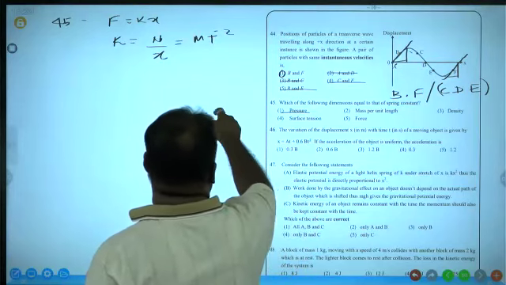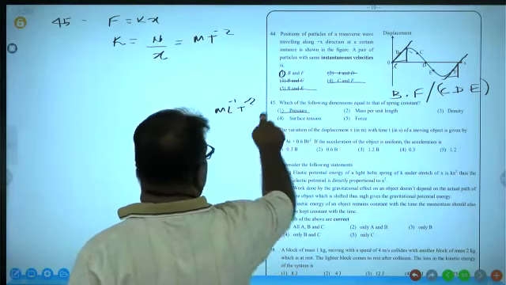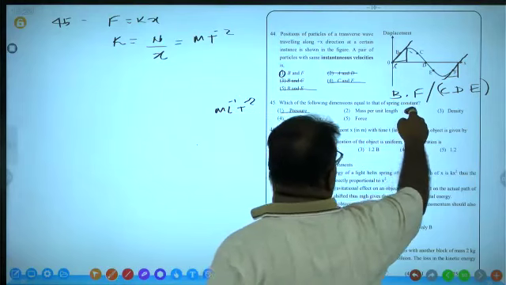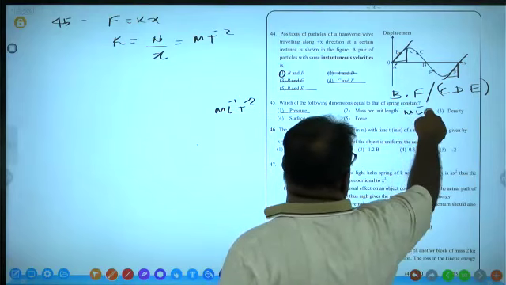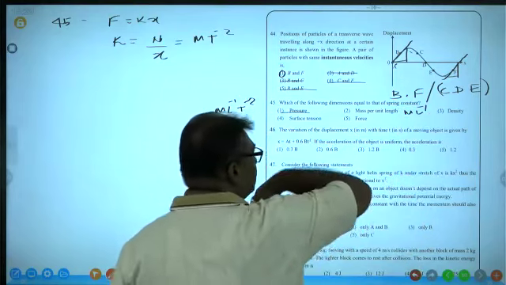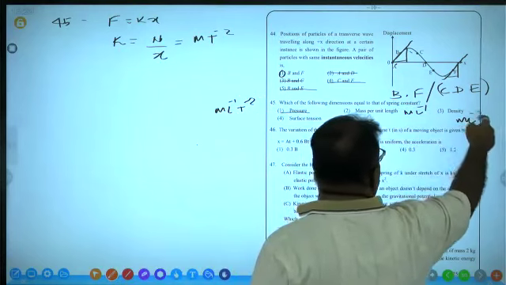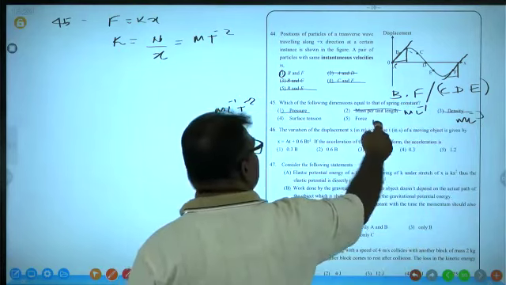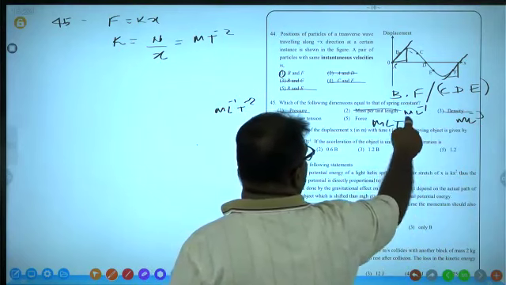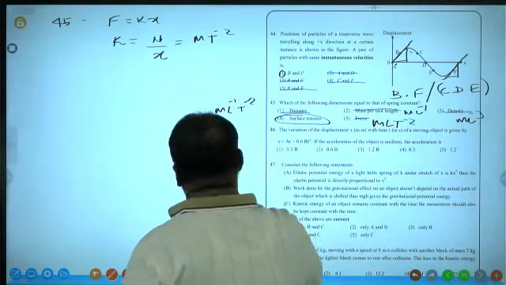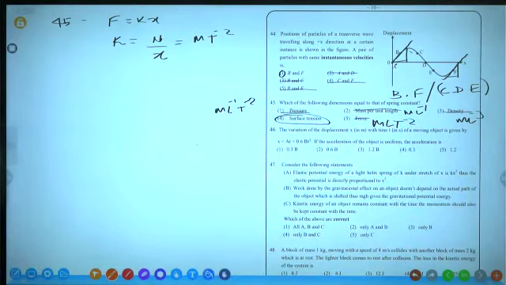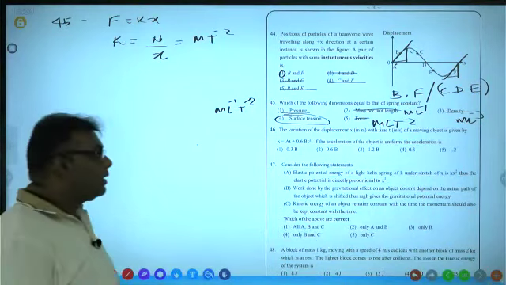Pressure is m l minus 1 t minus 2. Mass per unit length, m l minus 1, is not m t minus 2. Density is m l minus 3... m l minus 2. Remove those you know. Force is m l t minus 2. Then mark the remaining one. Surface tension is the unknown one. Those two should be the same. Even though it is unknown, if you remove the known answers, mark the remaining one.